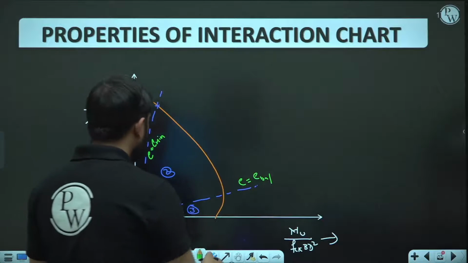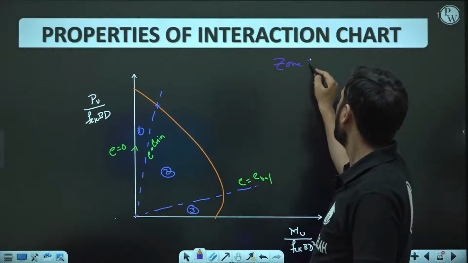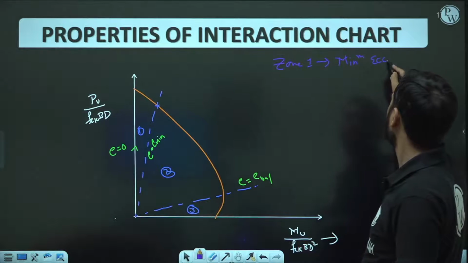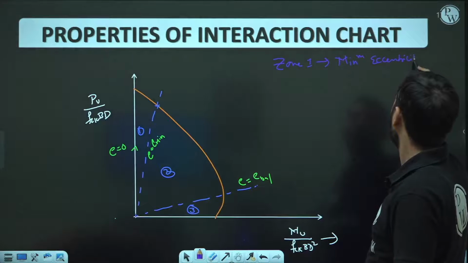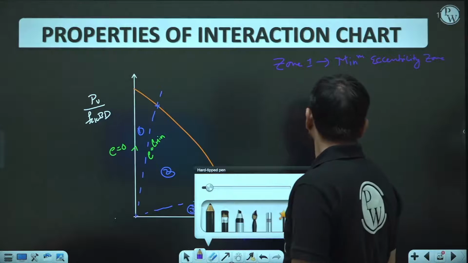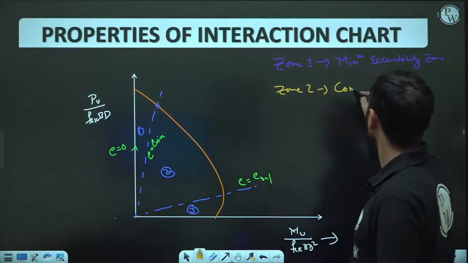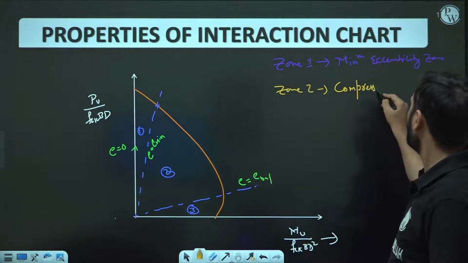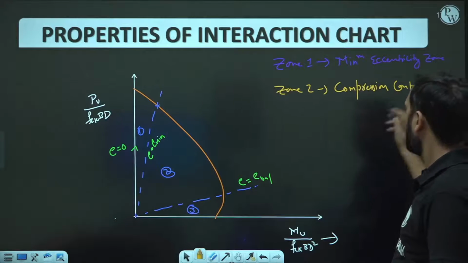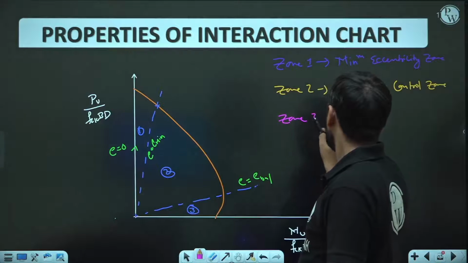So zone 1 is the minimum eccentricity zone. Zone 2 is the compression control zone, and zone 3 is the tension control zone.